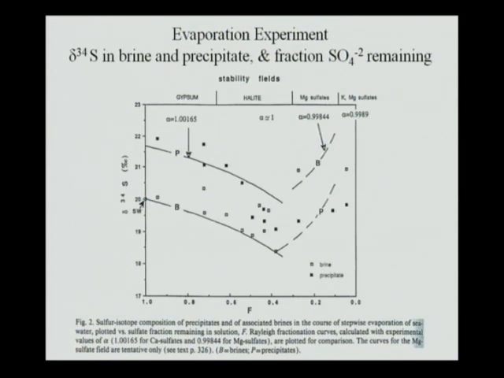So we go from gypsum stability to halite, magnesium sulfate, and the complex sulfates, where the fraction of sulfate remaining goes from 1 to very, very low. And therefore one can calculate the fractionations for this and that. And that was intriguing.